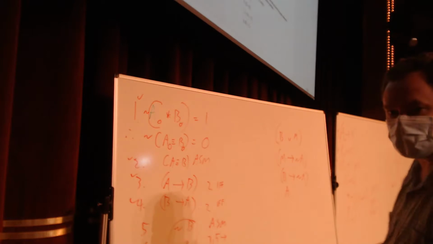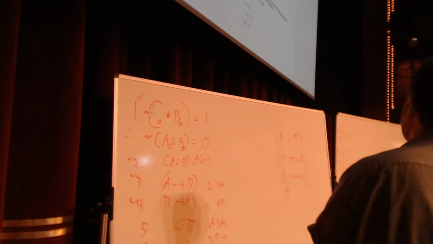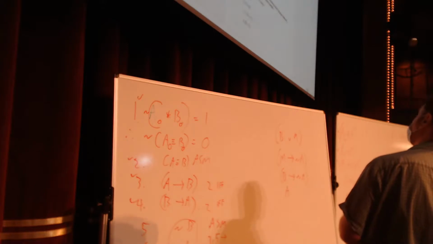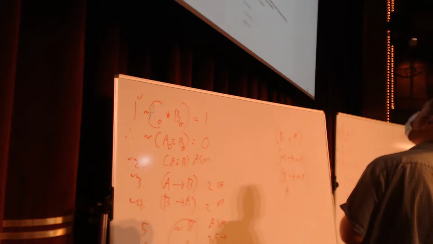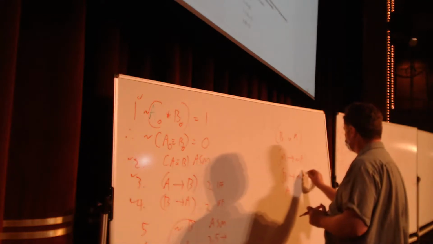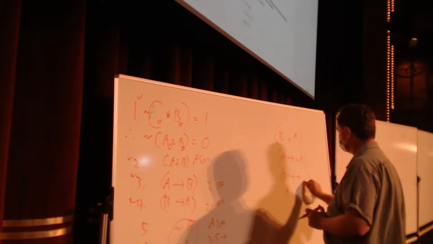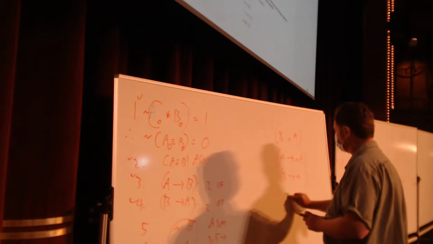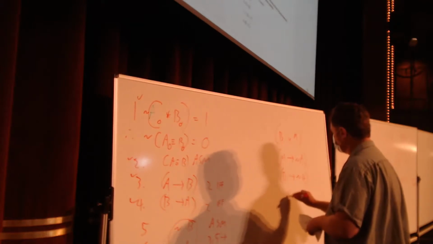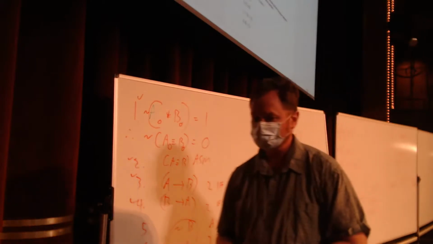I did a minor thing I shouldn't have done there. I translated the maid having an alibi and the butler having an alibi as the same constant, which I should not have done. There we go.